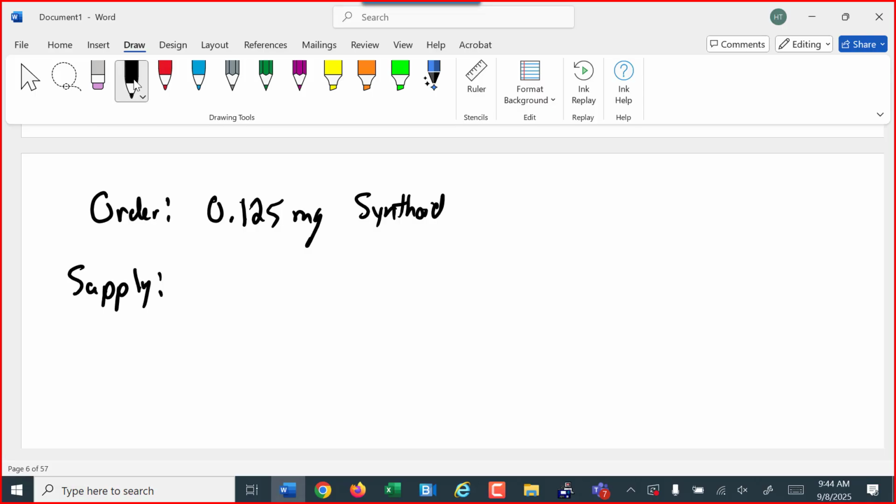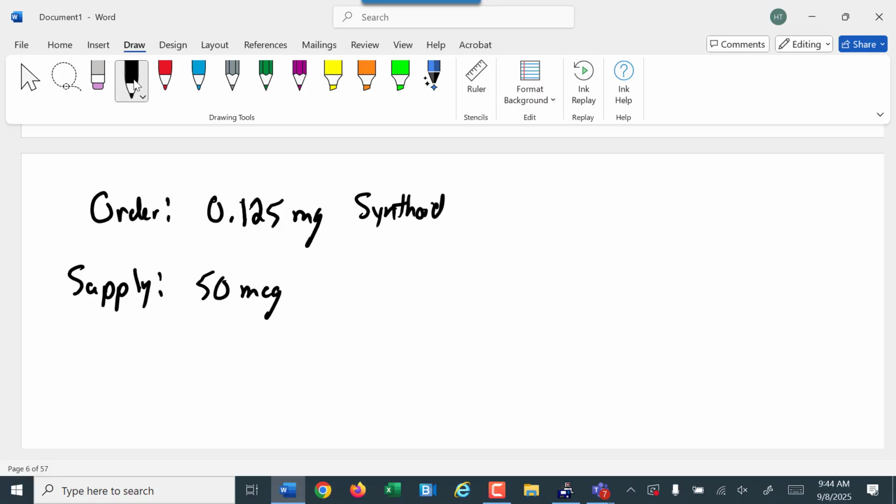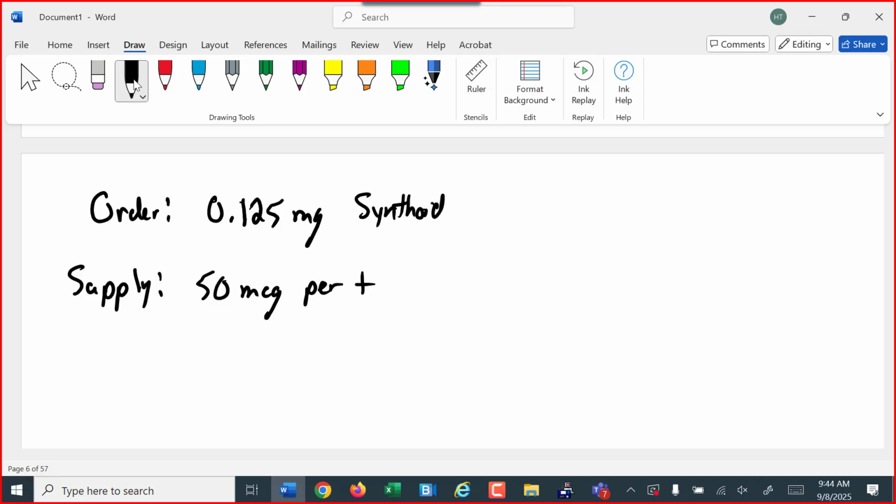We look at our supply, and it says we have 50 microgram per tablet. So again, this unit is different than this unit. So I have to make that conversion.